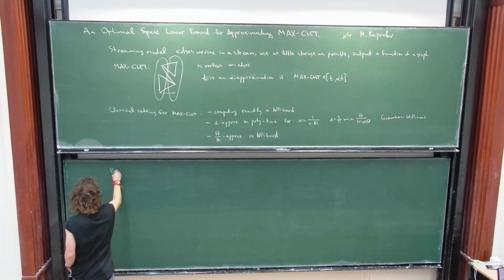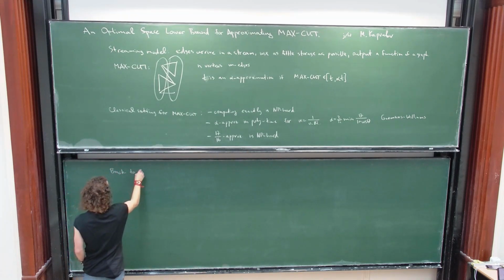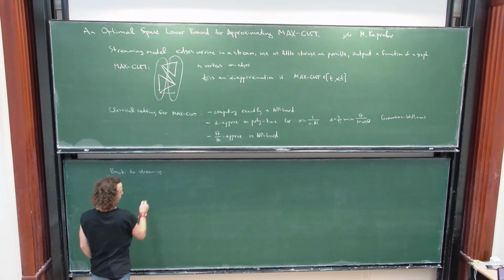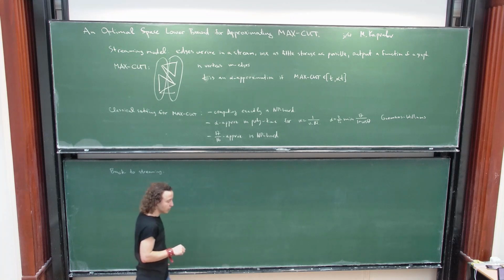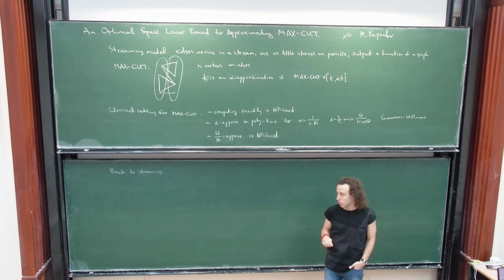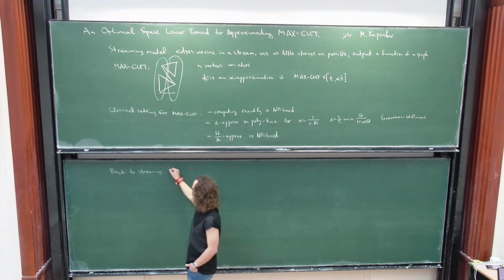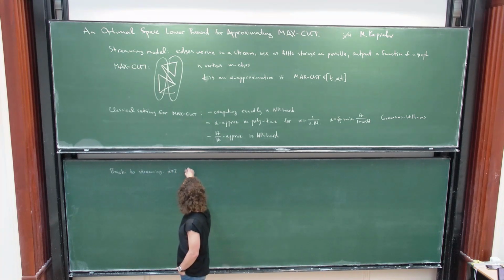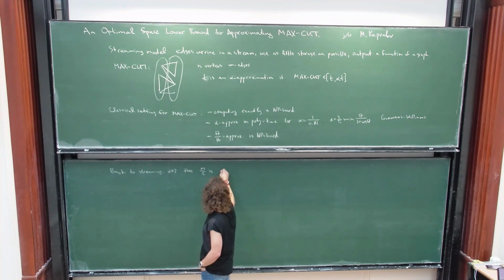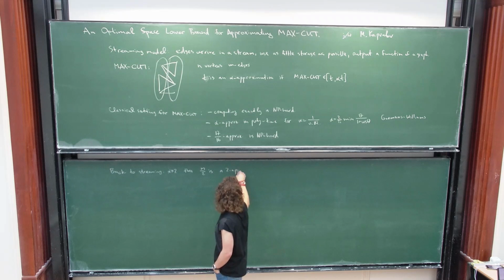So the first extreme is when your approximation factor becomes 2. If alpha is at least 2, then m over 2 is an approximation.